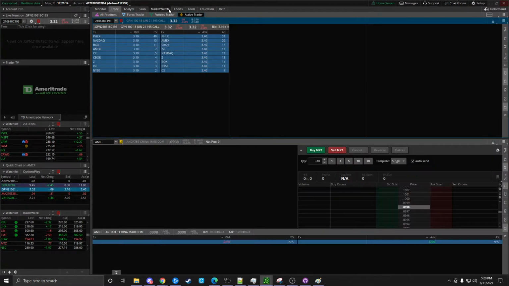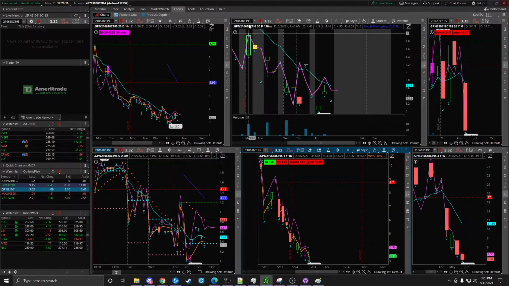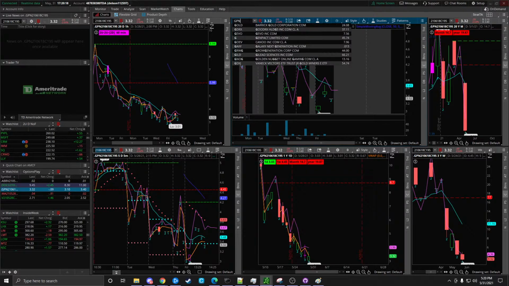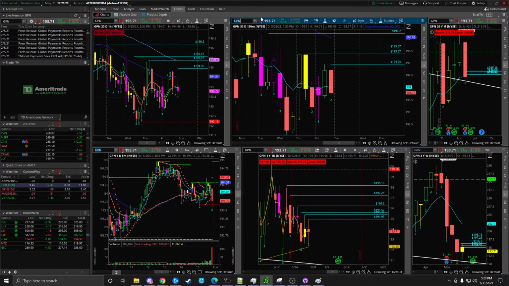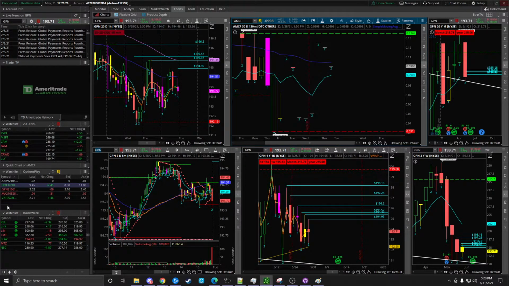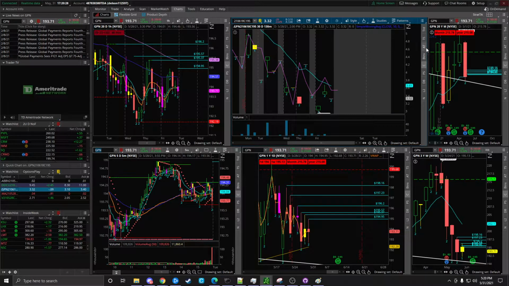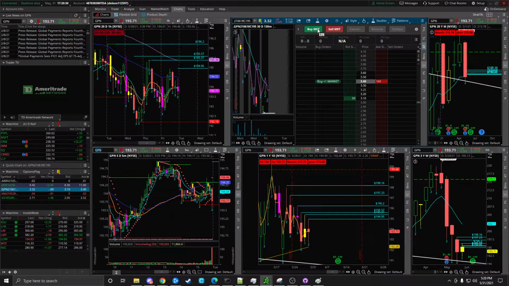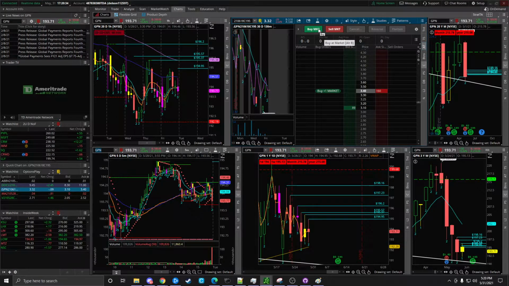There's also active trader. I need to get off GPN. For example, I'll tag this to yellow. If I had this GPN on yellow, I could load up active trader, and you can see there's a buy and sell market. You can just hit that, or just hit a key like Alt B, Alt S, and hotkey in and out.